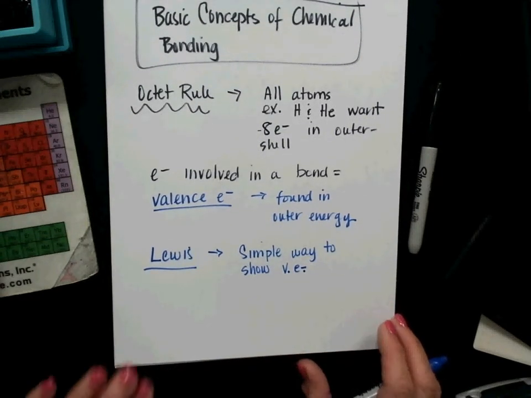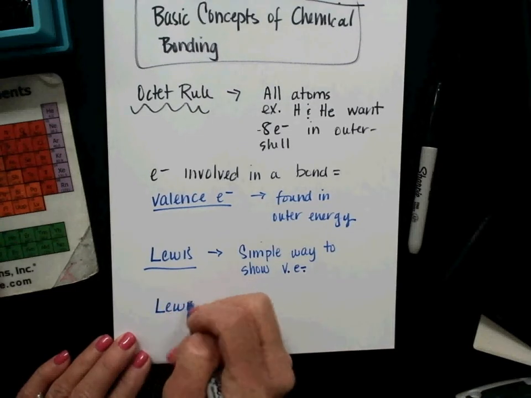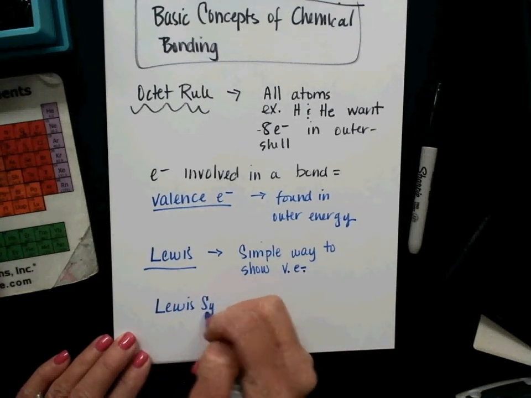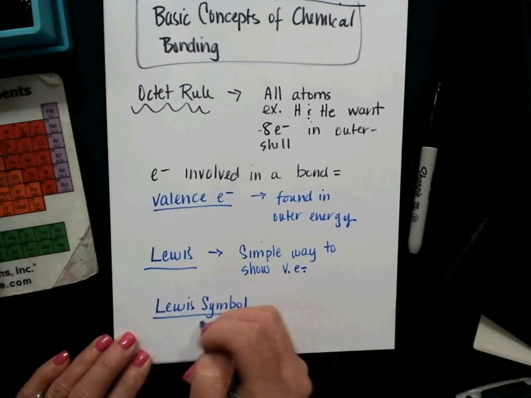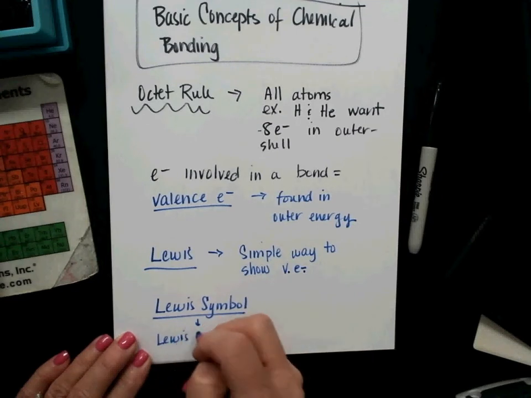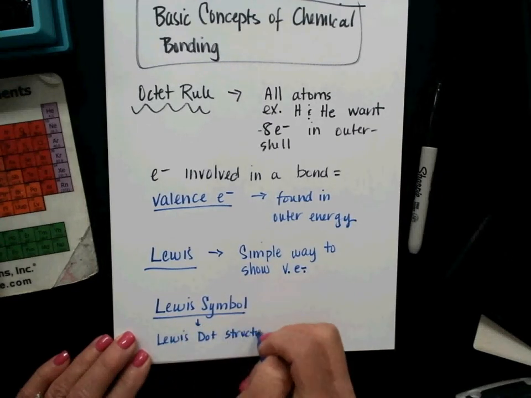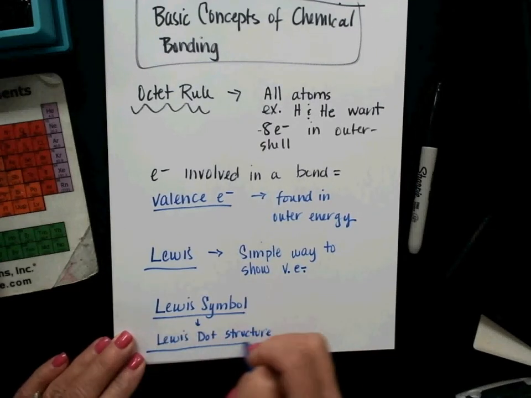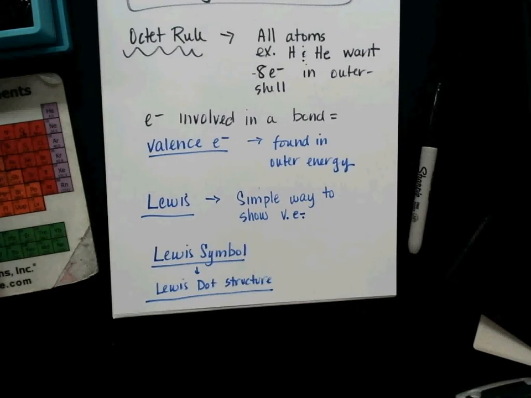So we have something called a Lewis symbol, which can also be called, it depends on where you look, a Lewis dot structure. The structure, though, lots of times has to deal with a whole chemical compound, not just one element.